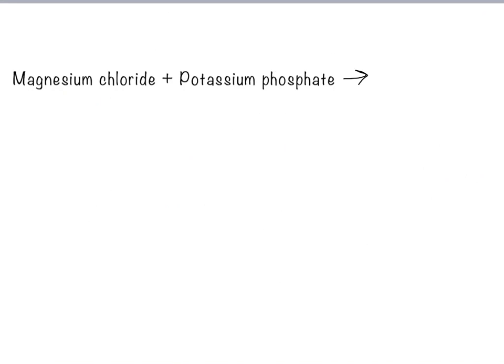Alright, we have magnesium chloride. Magnesium is 2 plus, chlorine is 1 minus, so the formula is MgCl2. Plus potassium phosphate, potassium is 1 plus, phosphate is PO4, and it's 3 minus, so the 3 comes down there, so potassium phosphate is K3PO4.